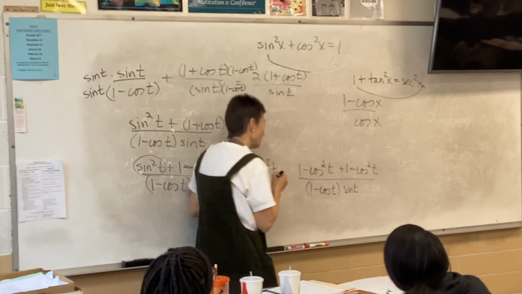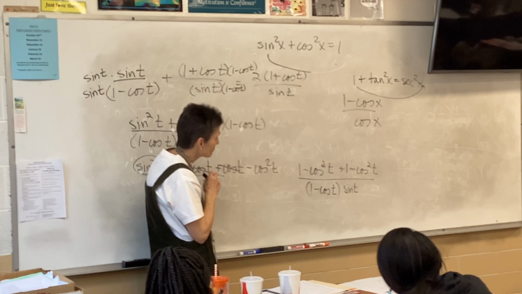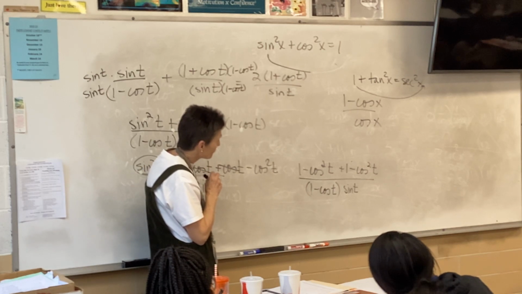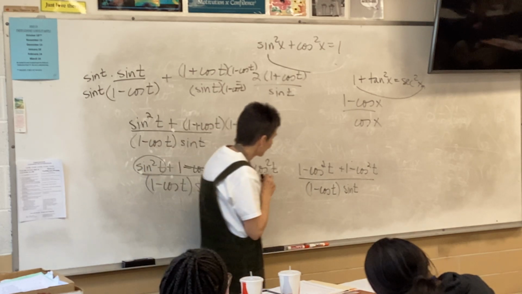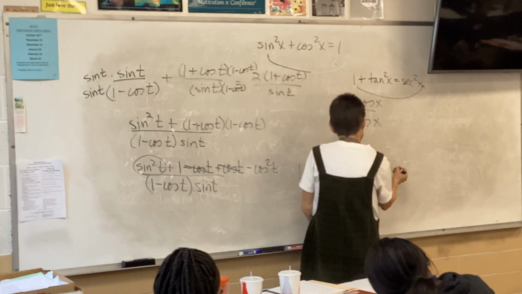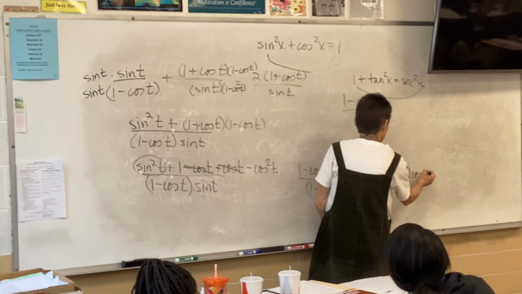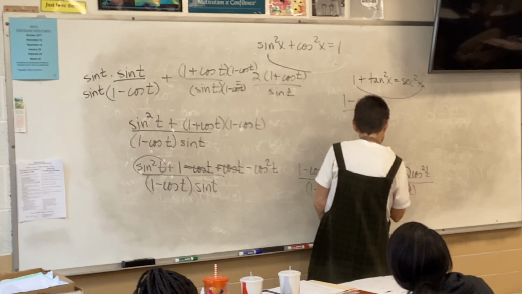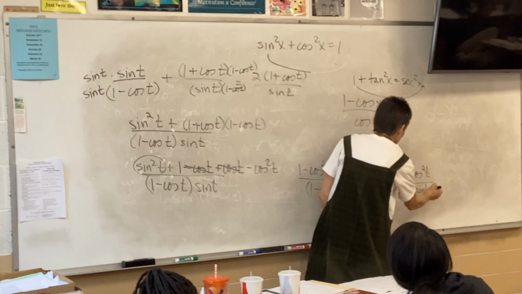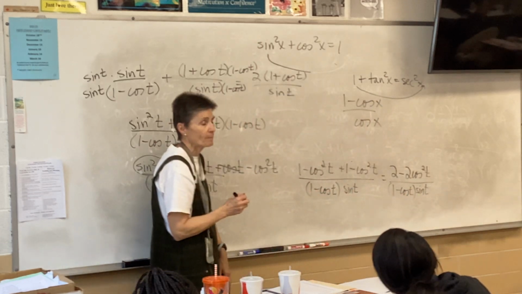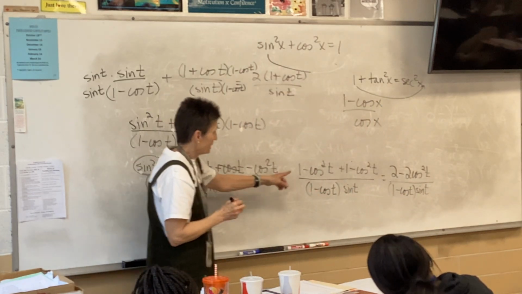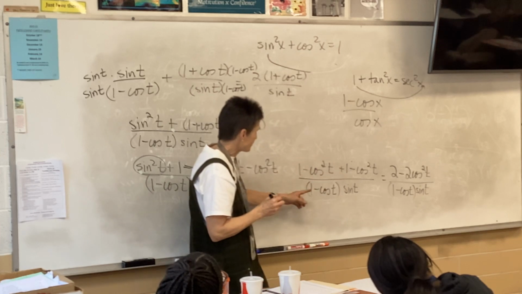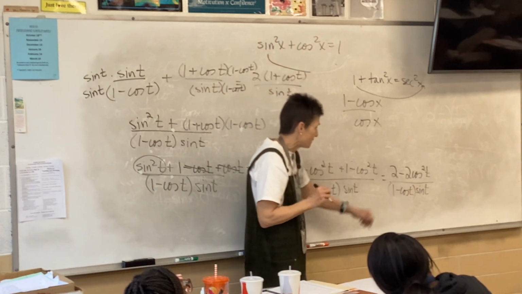All right, what do we have now on the top? Can that be simplified at all? Isn't it 2 minus 2 cosine squared? Guys, you gotta stay with me. The minute you start talking and screwing around, you're gonna be lost. Collect like terms, 1 and 1 makes 2, negative and negative makes -2.